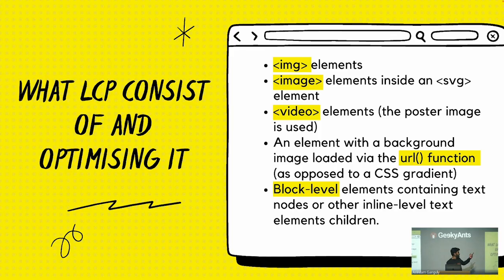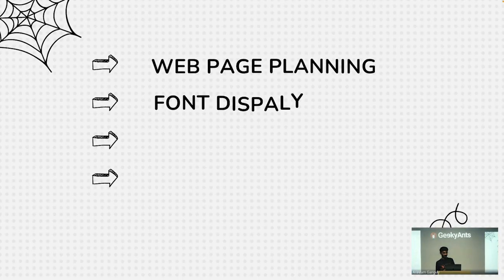So the major things are images again, video elements, and also make sure that if you are using an element which has background load functionality, that you are fetching it from some other URL or function, because that image can also cause a higher LCP score. And of course your block level elements, which contain a lot of render blocking code inside them, or nested elements in that particular node. So these are all the elements which generally affect your LCP.